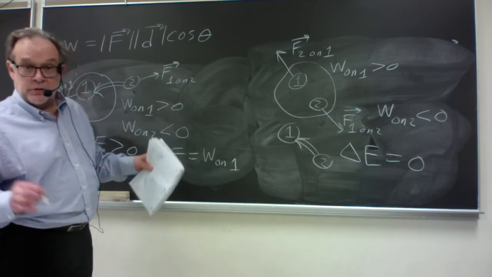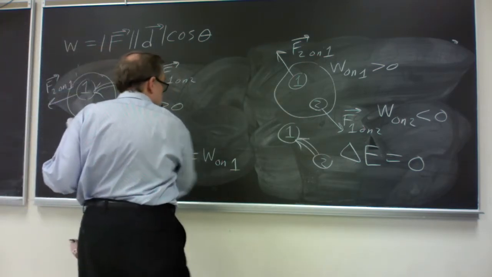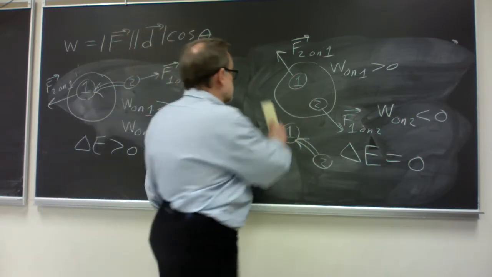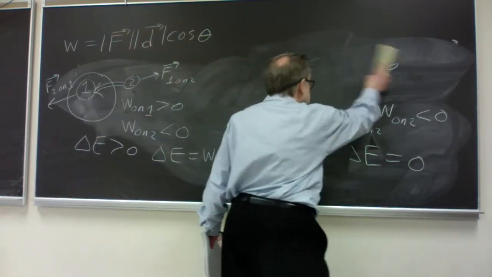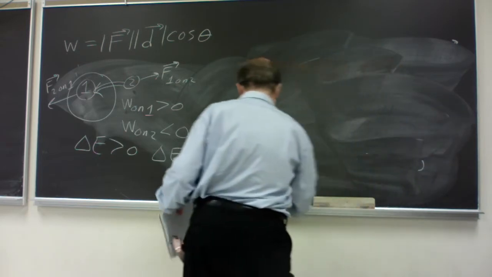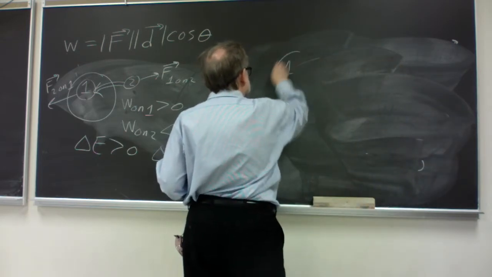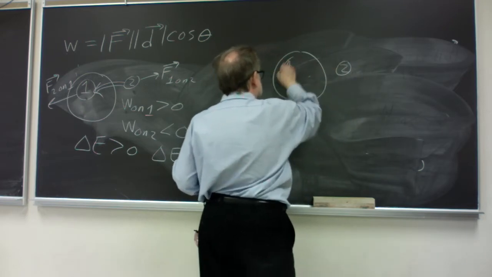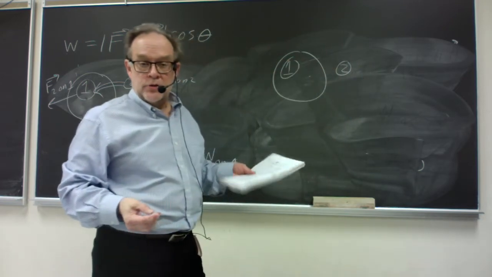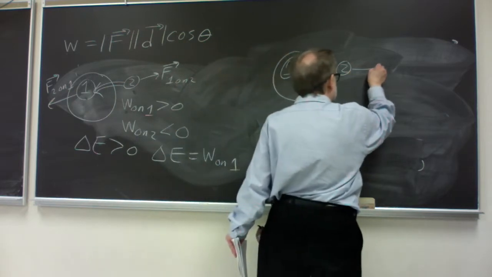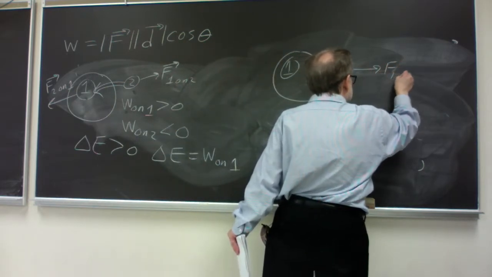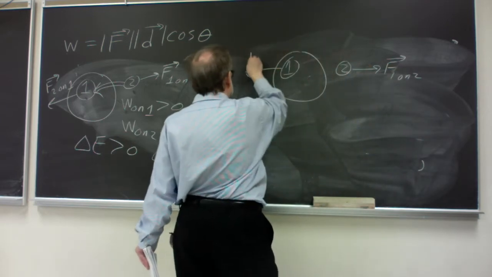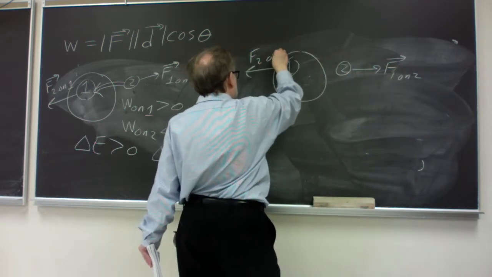Now let's look at a third example here. Again, thing 1 inside the system, thing 2 outside the system. And again, they're interacting with each other. So again, there's a force from thing 1 on thing 2, and a force from thing 2 on thing 1.